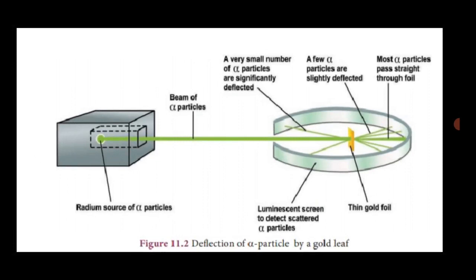Most of the alpha particles pass through in a straight line, some are only slightly deflected from the straight path, and very few completely bounce back. This is the Rutherford atomic model.